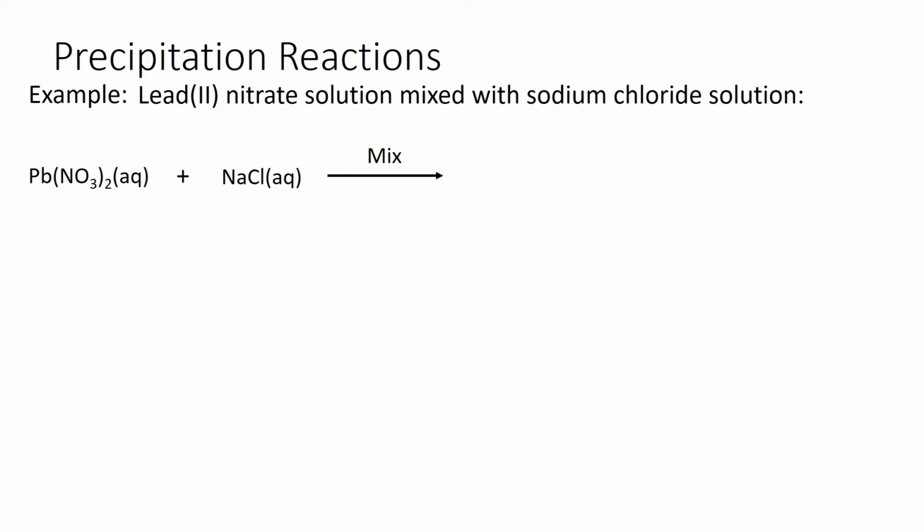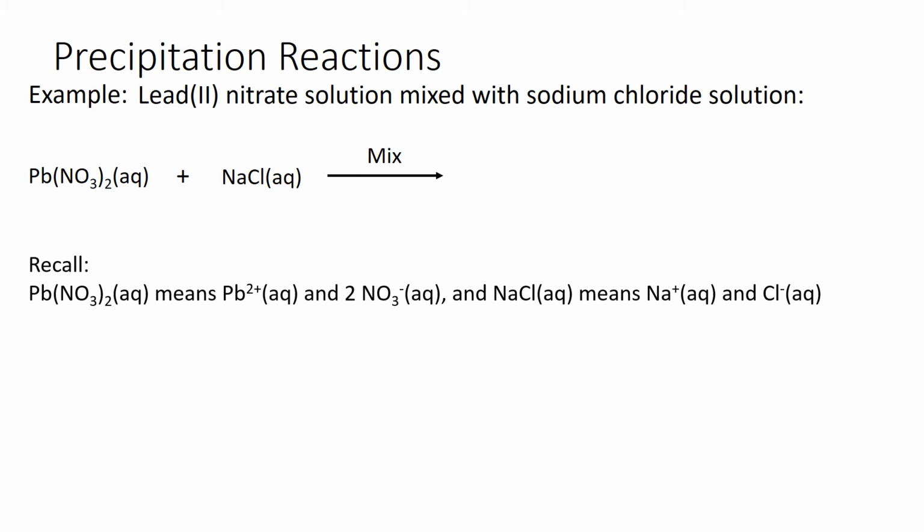So when we want to think about what's actually in the container here, we have to remember what these symbolic representations mean. We have the lead 2 nitrate with an aqueous after it and sodium chloride with an aqueous after it. It means that we've got lead 2 ions, nitrate ions, sodium ions, and chloride ions all mixed together now.